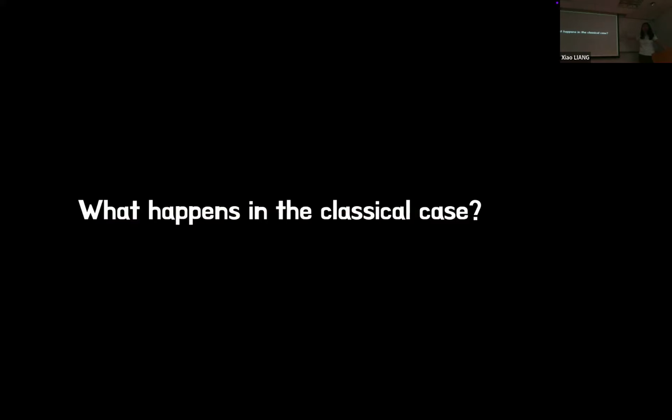Now let's first see what happens in the classical case. Recall that we would like to prove BCS security from some post-quantum state restoration sound IOP. So we need to relate BCS security and state restoration somehow.